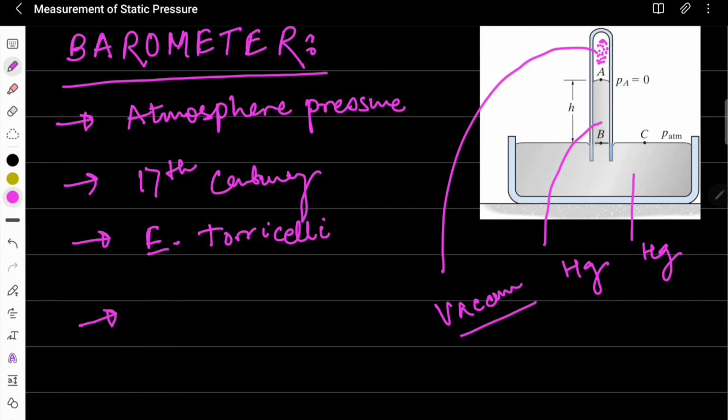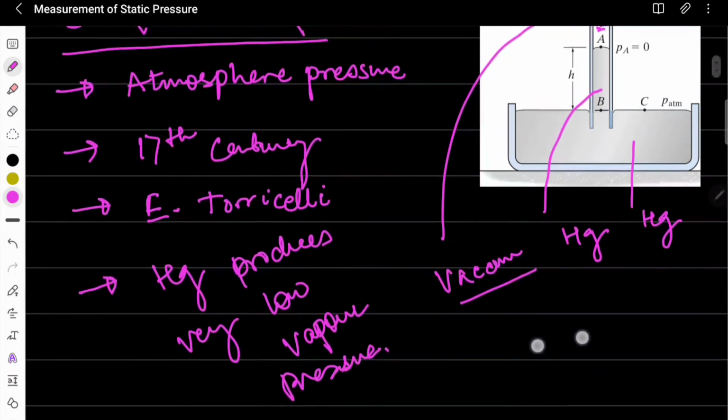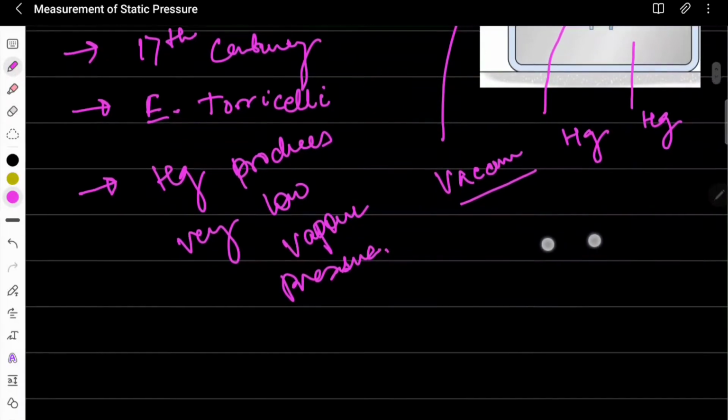That's how this is completely equivalent to a vacuum pressure. So Hg produces very low vapor pressure. As low as the vapor pressure is, this situation will be very close to a vacuum, and that's how we can accurately measure the atmospheric pressure.